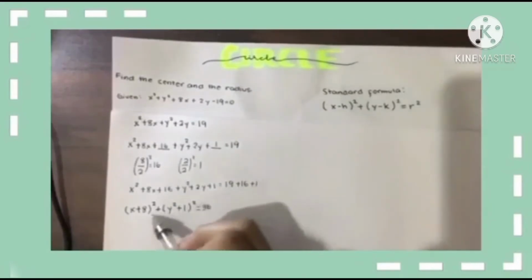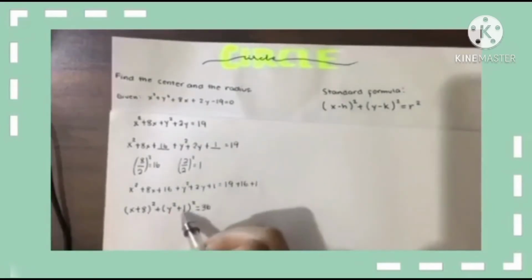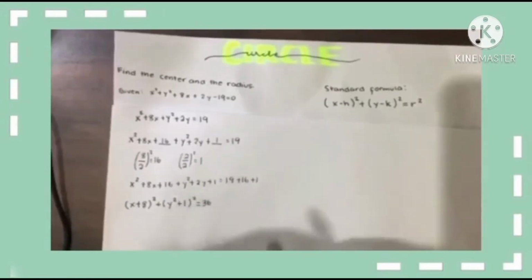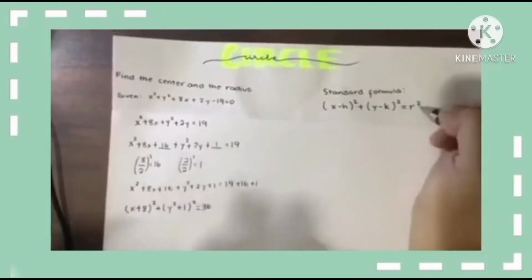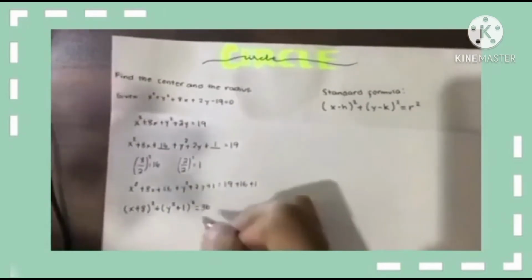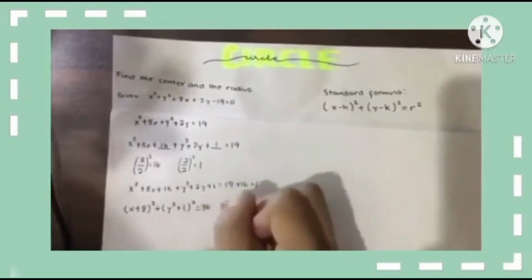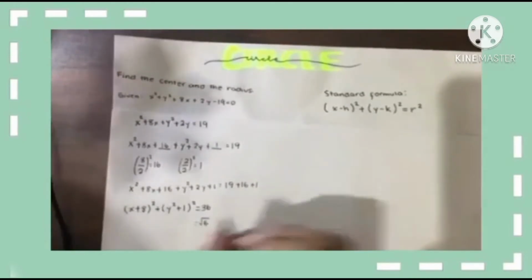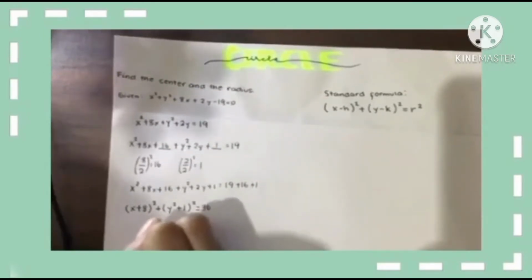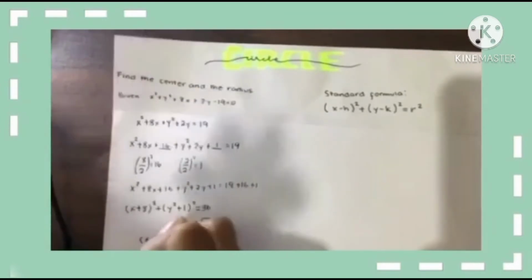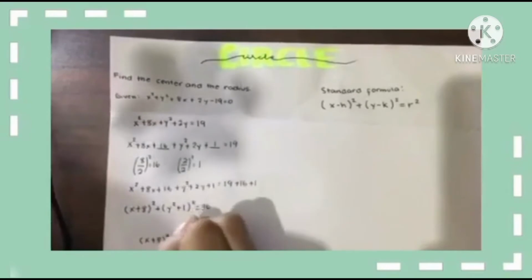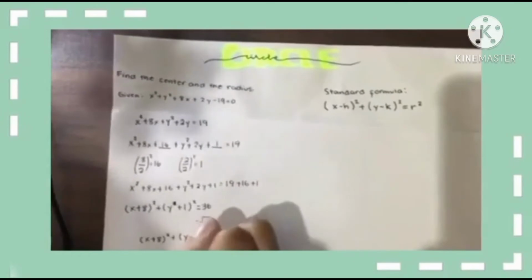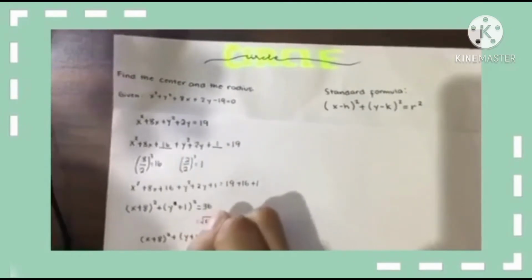We can determine the center, the h and k, but how about the radius? Take note that the radius is squared, so we should take the square root. The square root of 36 is 6. To simplify it, we have (x plus 4) squared plus (y plus 1) squared equals 6 squared.